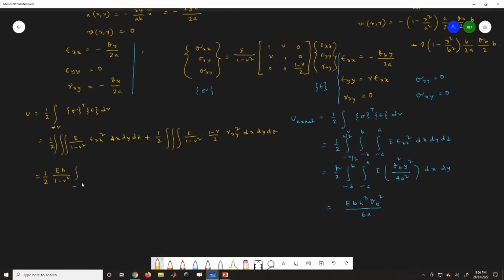So that is minus b² plus b, minus a² plus a, then θ² y² by 4a² dx dy, plus half, that is E into (1 minus ν²) into h by 2 into (1 minus ν) by 2, integral from minus b to plus b, minus a to plus a, then θ x² by 4a² dx dy.